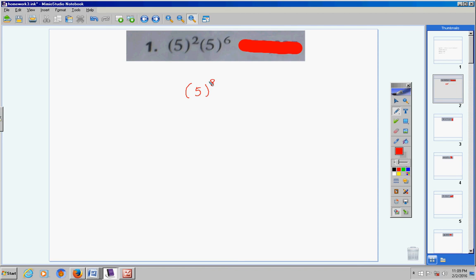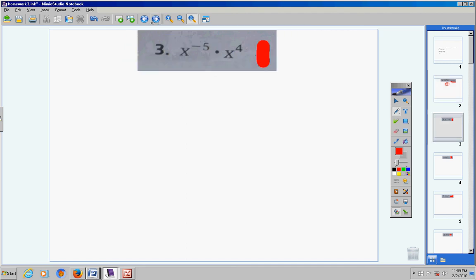And now with your calculator, type in 5 to the 8th power, and your answer will be 390,625. Now, on your test, I might leave your answer like this. I'm not sure yet, but in fact, I probably will. So, either way, they'll know how to do both of these.